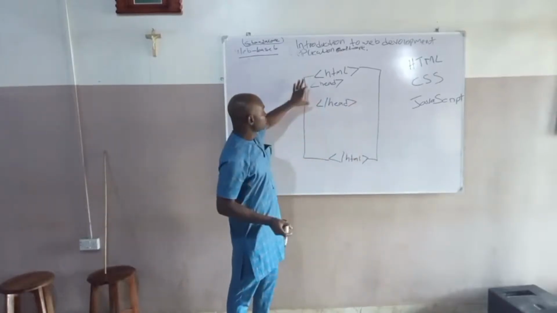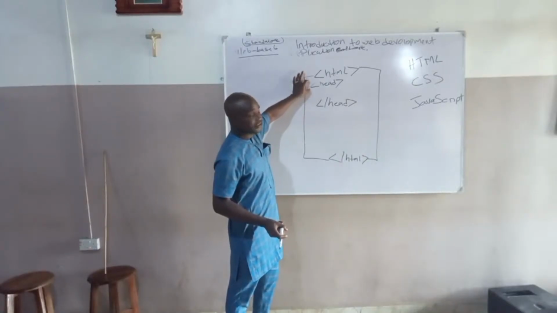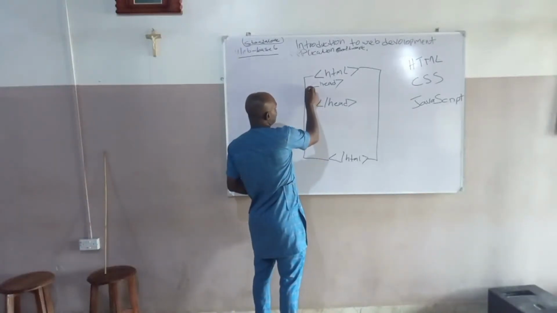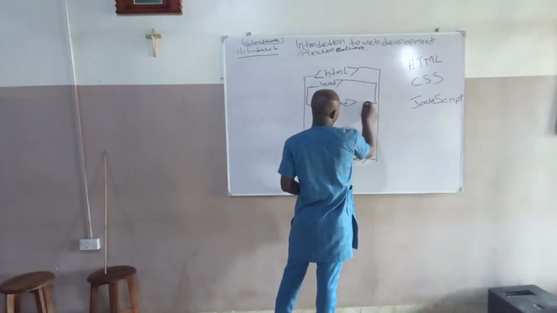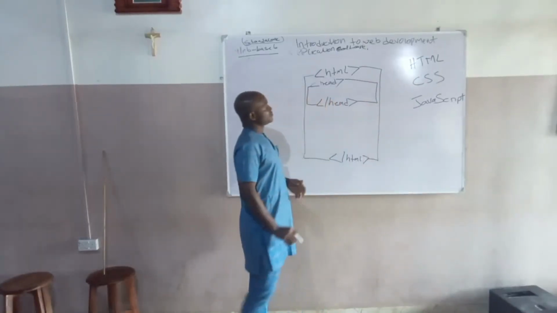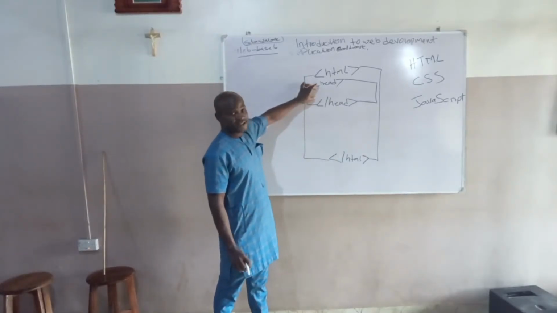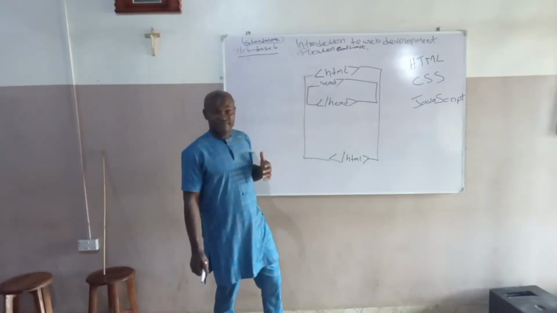So this is the head what? Element. This is the opening tag of the head, and this is the closing tag. So automatically I'm going to draw this one like this. This is the root element, and this is the head element. So apart from the head, what else do we have?